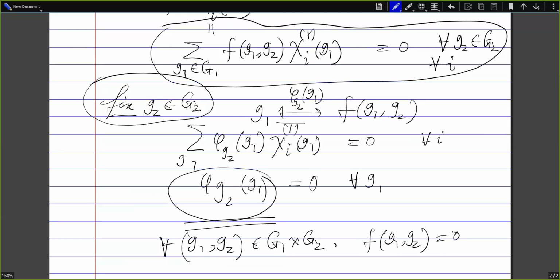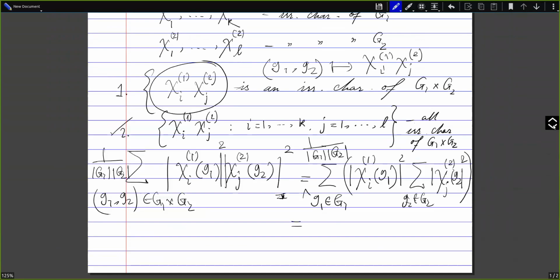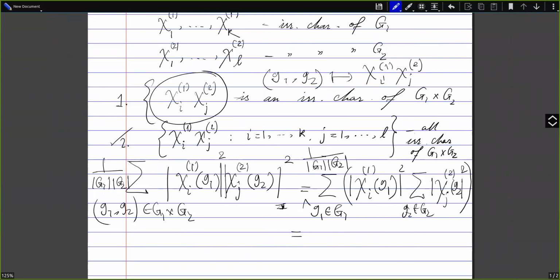That is what we are supposed to prove. So that shows every class function which is orthogonal to all these characters has to vanish identically. That shows our claim that these are all the irreducible characters of the direct product of the groups G1 and G2.